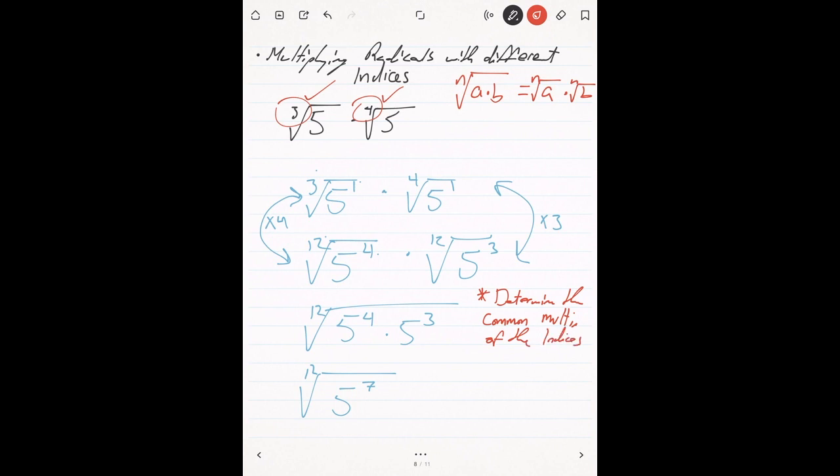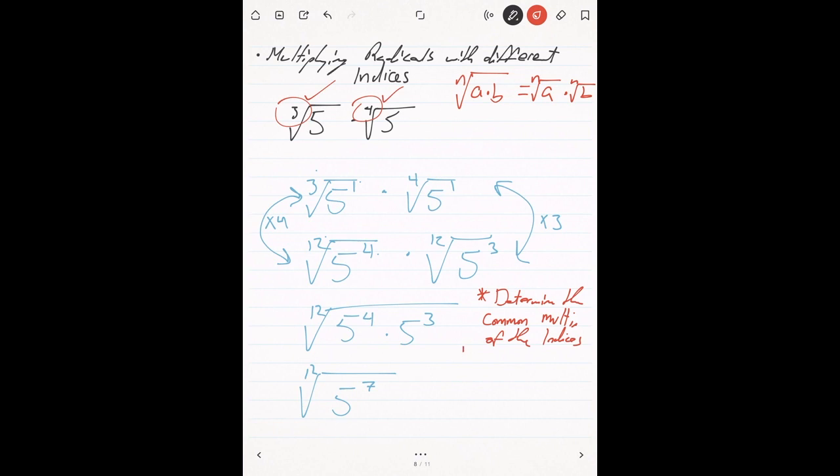Here it was 3 and 4, so a common multiple could be 12. That's actually the least common multiple, but you don't need the least common multiple. It could be any common multiple, like 24 or 36, etc. So determine the common multiple for the indices.